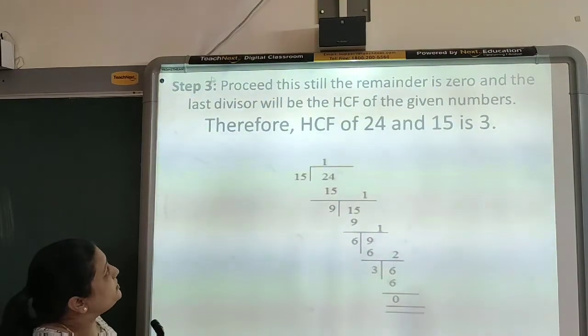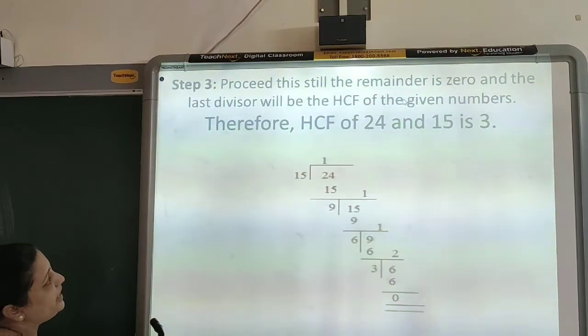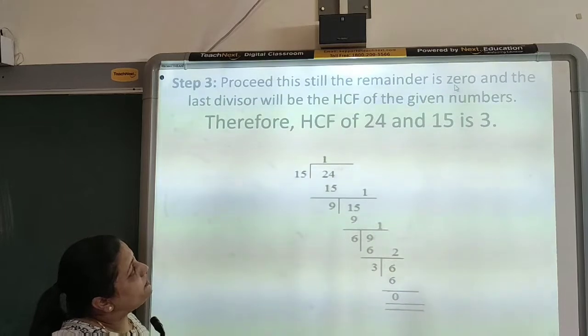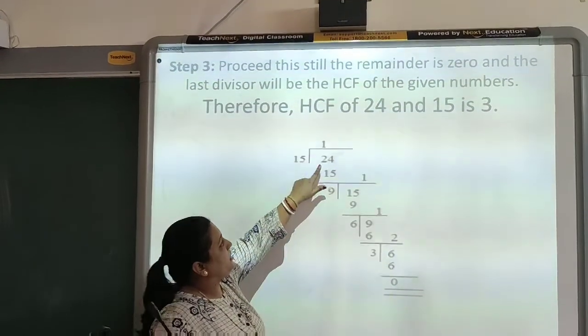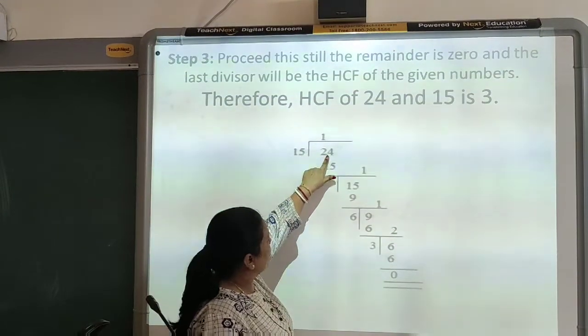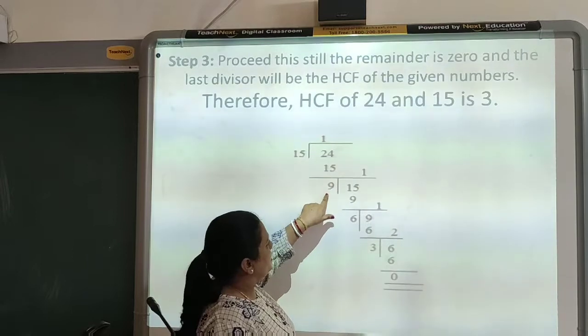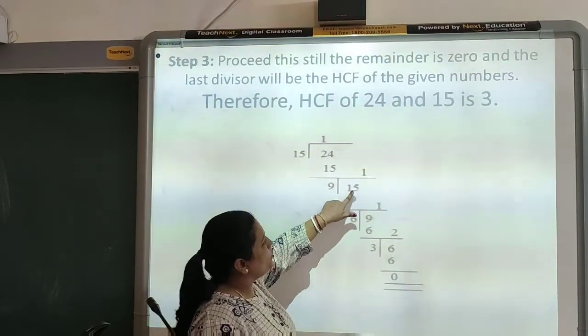See the next step. Proceed with this till the remainder is 0 and the last divisor will be the HCF. So we have to do the division until we get 0 as the remainder. So this was our first step. Divide the biggest number by the smallest number. We got remainder 9. So the remainder will become the new divisor and this divisor will become the new dividend.